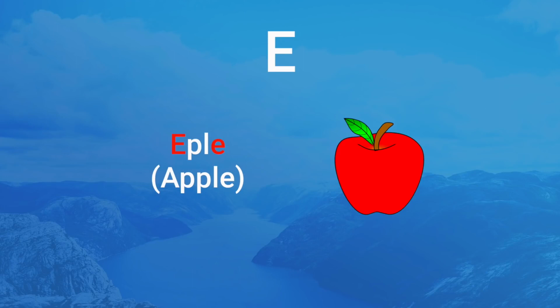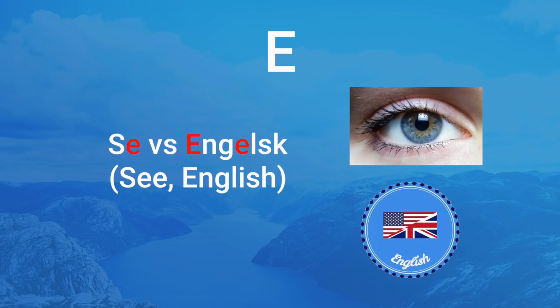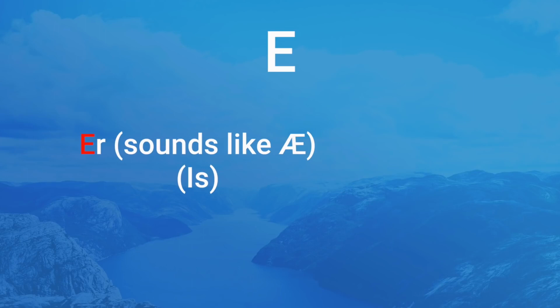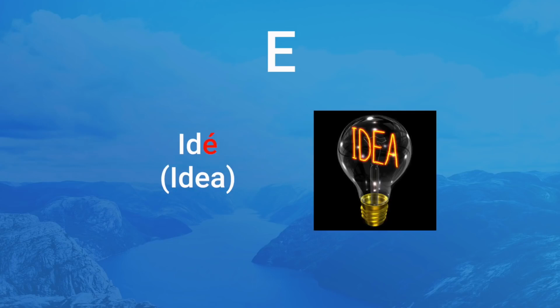E, eple. An example of the long versus short E is se, engelsk. Occasionally, the E will also sound like the letter A. An example is er, which means is. Very, very seldom you will also see an E with a little accent on the top.